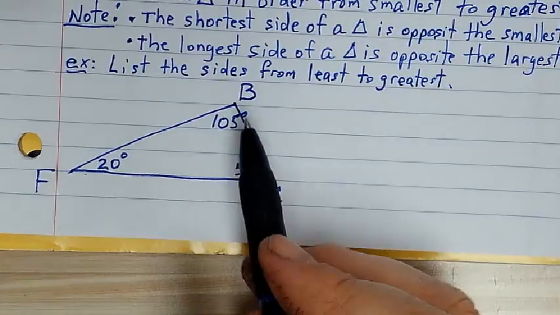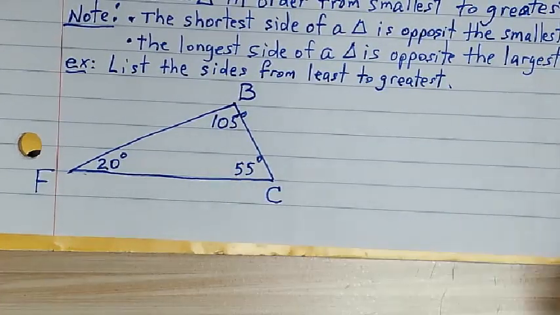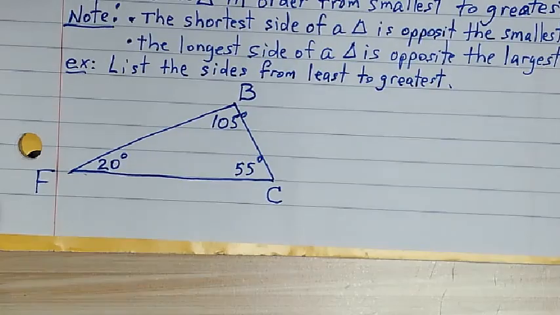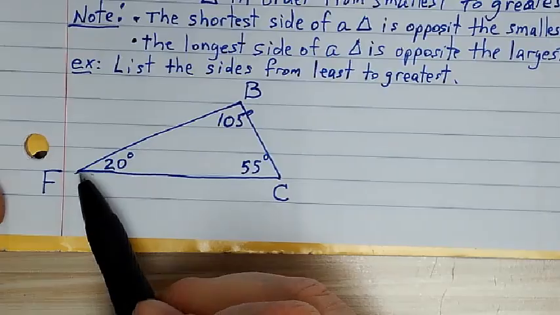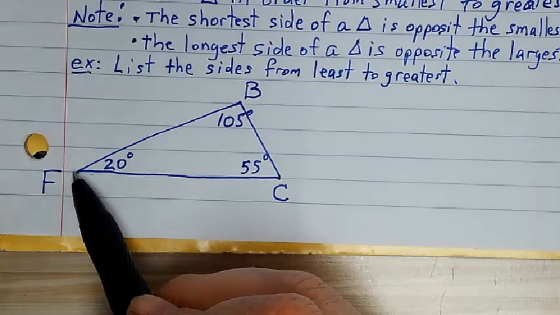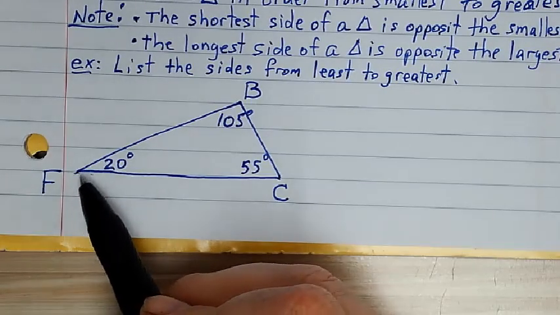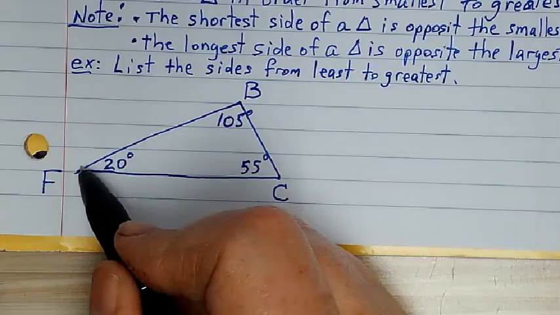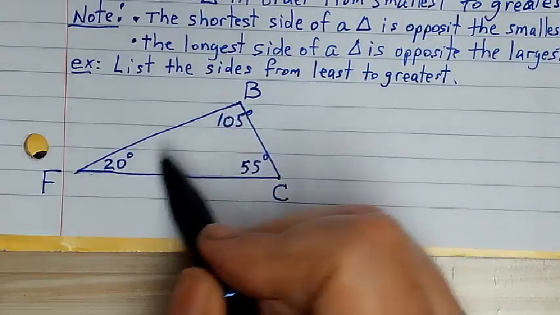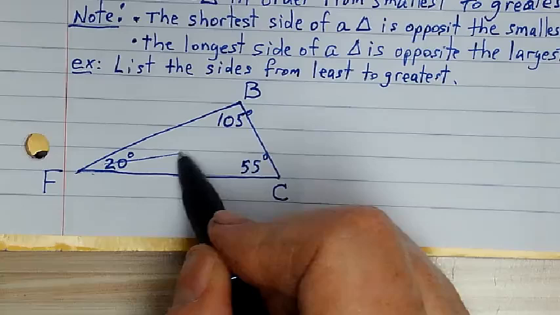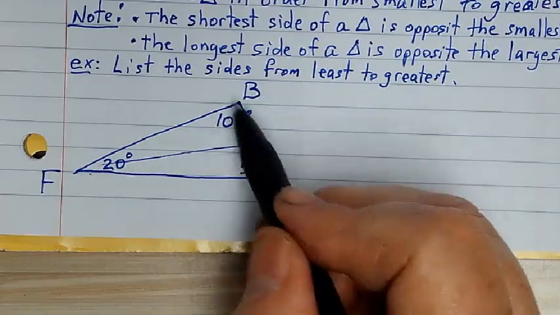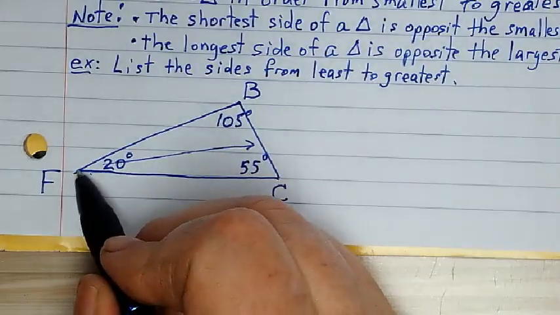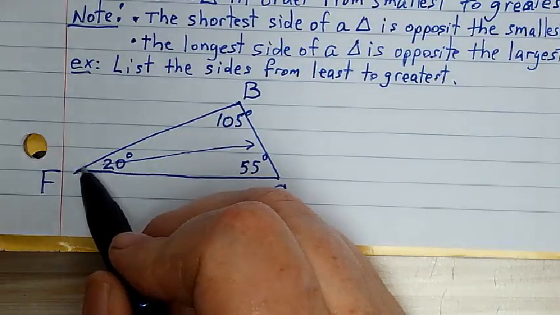F. If angle F is the smallest angle, what side is opposite of angle F? B is an angle. Oh, BC. Yes, the opposite side would be side BC. So since F is the smallest angle, the shortest side is line segment BC.